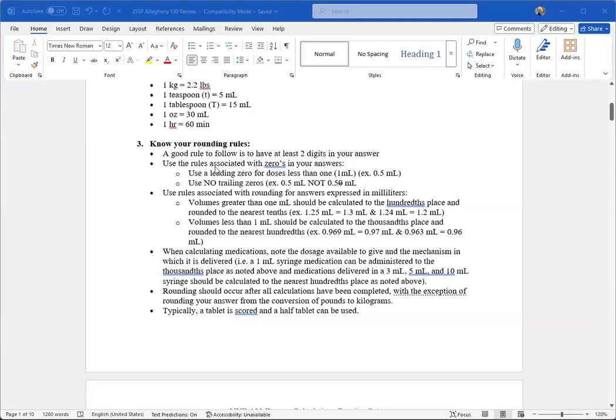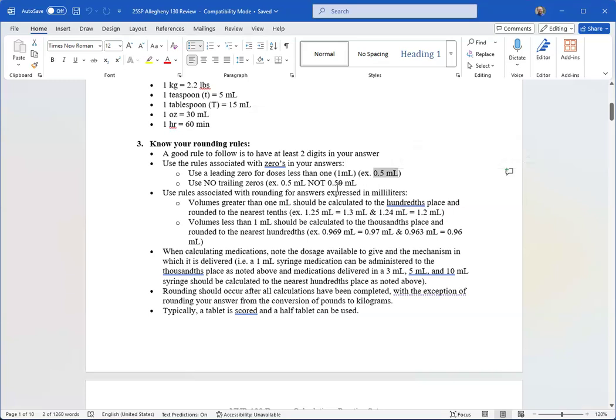Now, that doesn't necessarily mean you're always going to have two digits. If you have an answer of 3, that's your answer. Don't put 3.0, okay? But if you have an answer of 0.5, then you do want to write your answer as 0.5, okay? You need to have your leading zero.